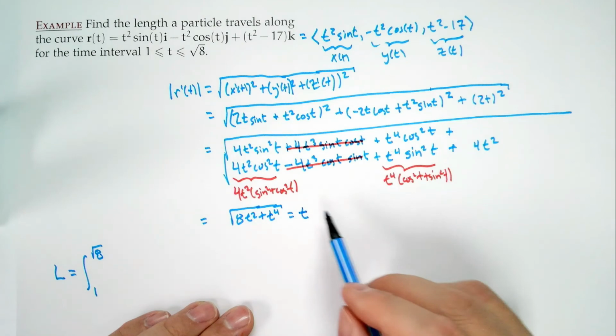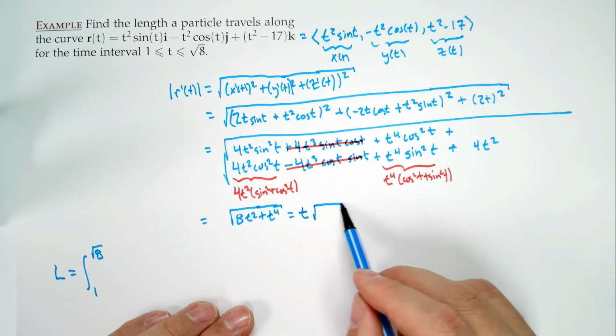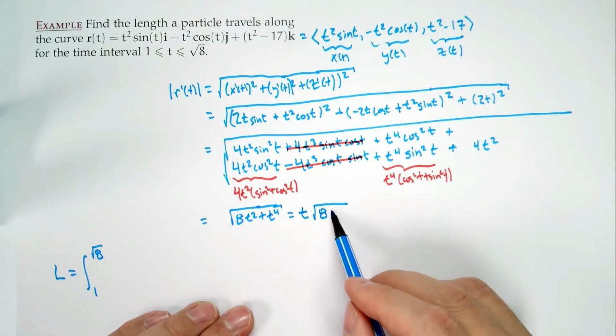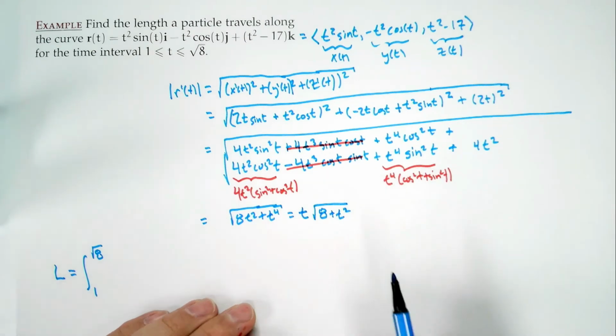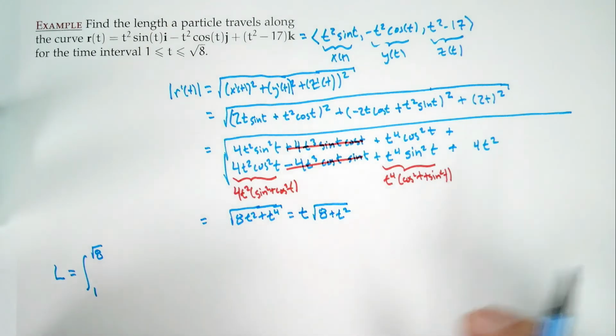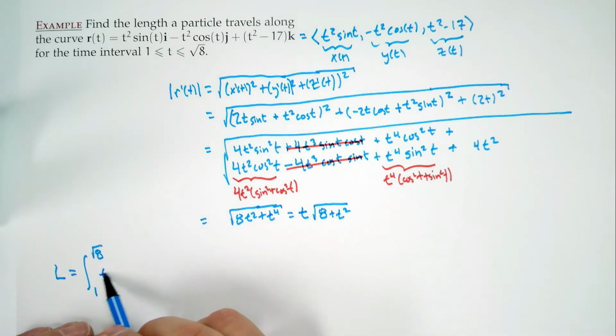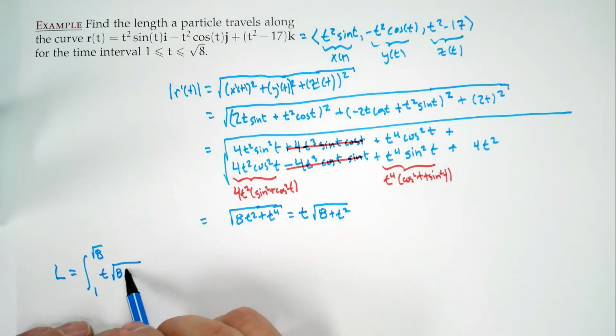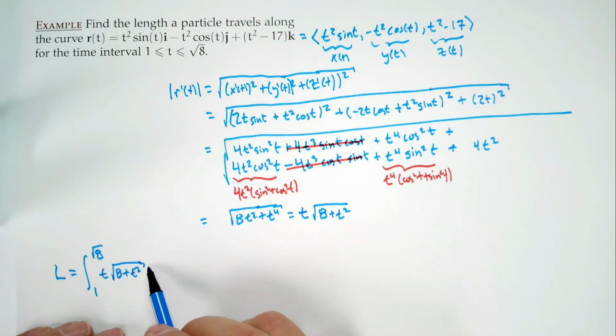And this is a trick we used a lot today. I don't want to give the impression it always happens. Well, this is a beautiful math fact. A beautiful math fact doesn't always happen, but it's useful for today. It shows up a lot. So t square root 8 plus t squared dt.